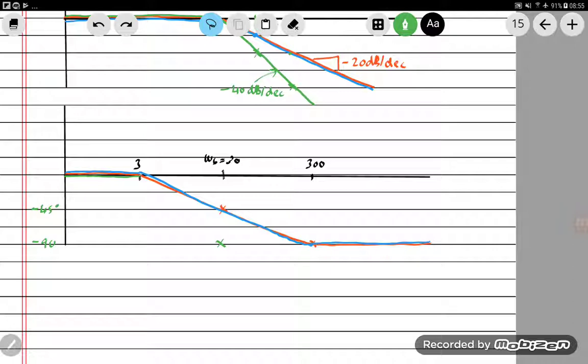At 10 times the break frequency, both are negative 90 degrees, so our new curve will go through double that, which is negative 180 degrees. So our phase plot for our overall transfer function will look something like that.